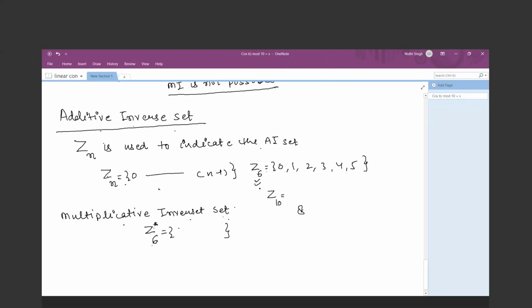So in Z6, what are the values of A and B such that if you multiply them and perform the mod operation with 6, the value will be 1? So 1 times 1 mod 6, the answer will be 1. So 1 comma 1 is one pair, and what is the other pair?